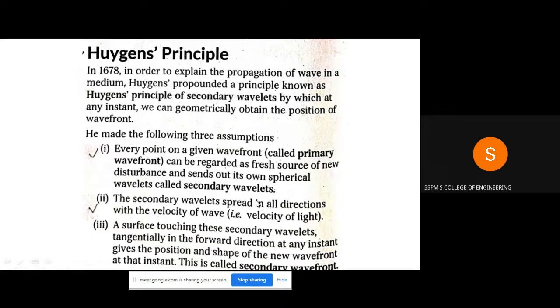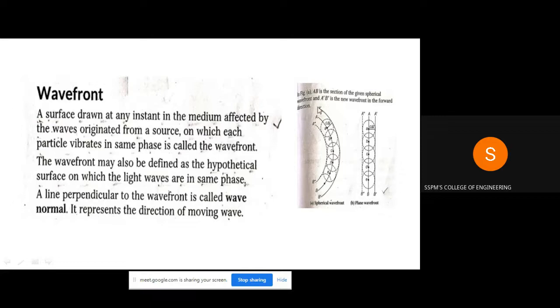What it means? Suppose this is a wavefront; any point on this surface will act as a source of secondary waves.